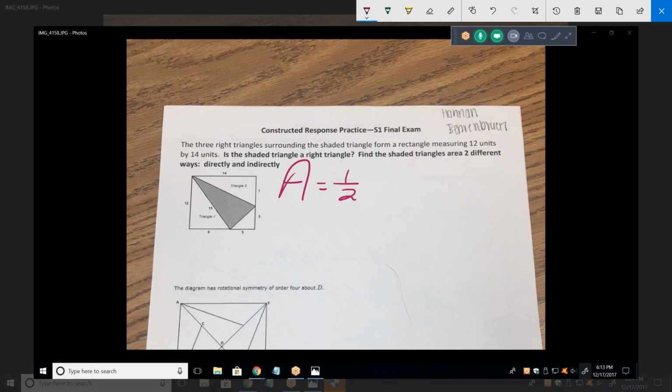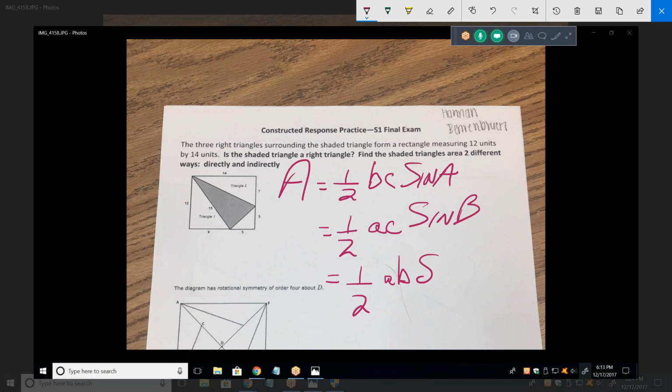But the area of the triangle formula is 1/2 B times C times the sine of A. It's also 1/2 of A times C times the sine of B. Notice the pattern. It's also 1/2 of A times B times sine of C. Those are the three ways of directly finding it.